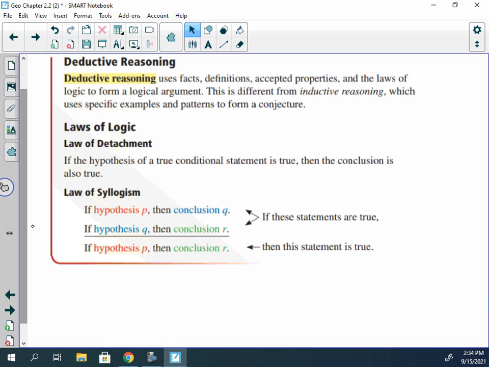Now, the law of syllogism is really stating if we have two true statements, if P, then Q, and we have if Q, then R, I have two statements that are both true, and the hypothesis of one and the conclusion of the other match, are the same.